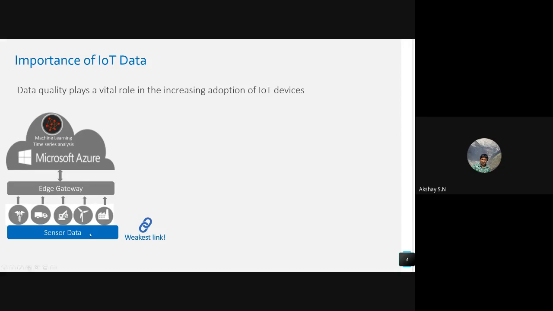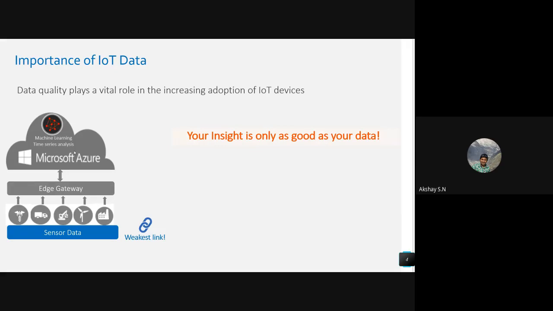And this garbage data then goes all the way to the cloud, and that pollutes the entire data ecosystem. So the patterns and insights you derive are only as good as your data. If you feed in junk data, your output will also be garbage. It's basically garbage in, garbage out.